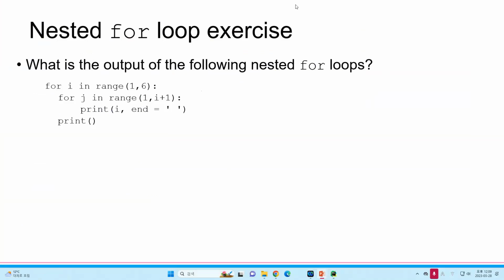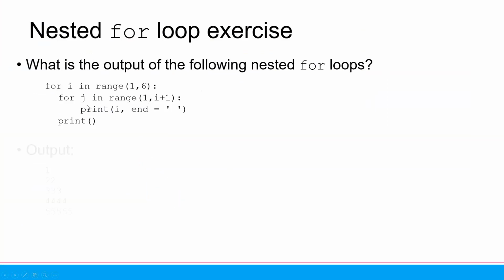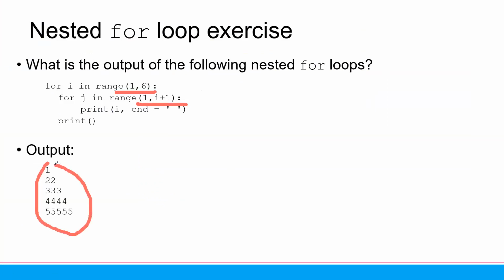It will print 1, and then I will print 2, 2, and then I will print 3, 3, 3, until 5. So this kind of problem will show this output.